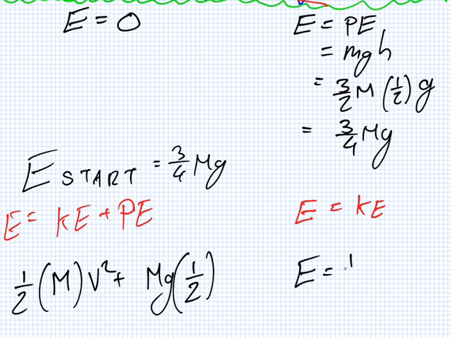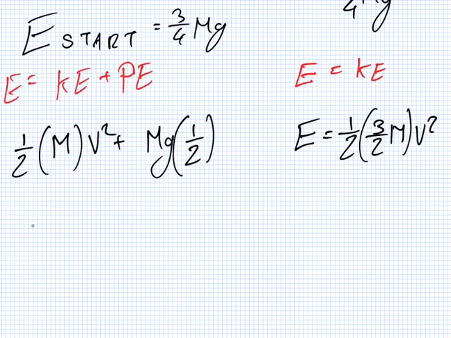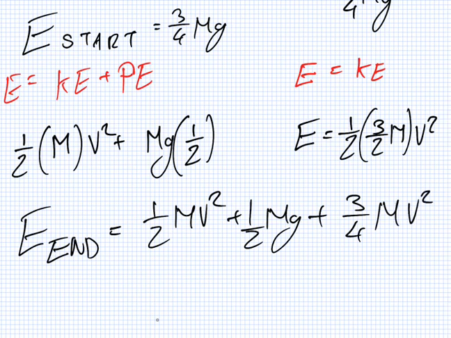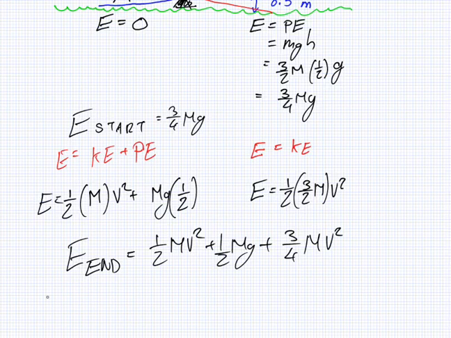So in total the energy at the end equals a half m v squared plus a half mg plus 3 over 4 mv squared, if I add these two answers together. But the energy at the start must equal the energy at the end.